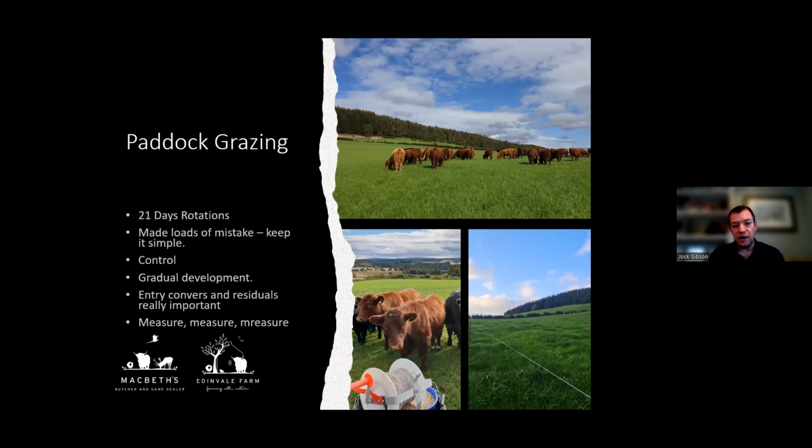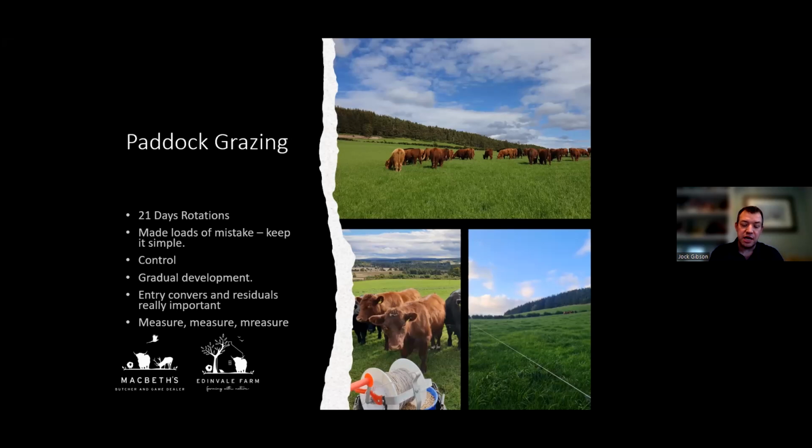We were working off a 21-day rotation. So it's quite a quick rotation, but given where we were coming from, the increase in rest allowed us to grow a lot more grass and have a lot more cover. 2018 for us was a very dry year, and we were watching our neighbours and even our own ground, which wasn't under rotation, drying out and grass growth stopping.